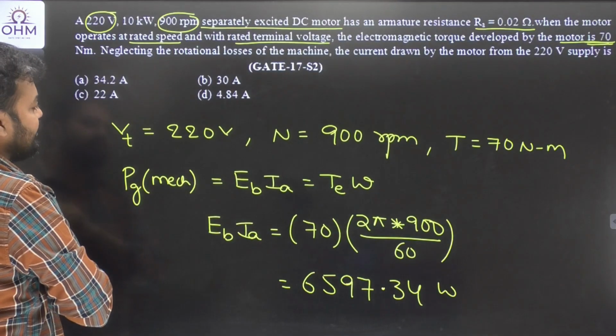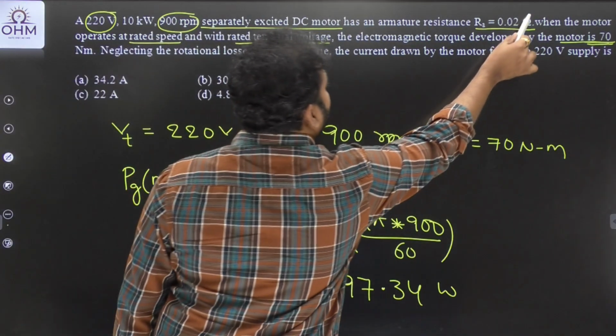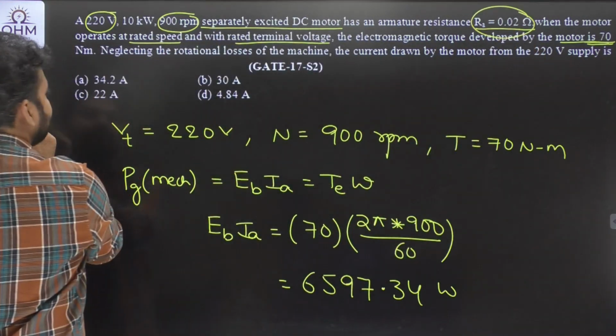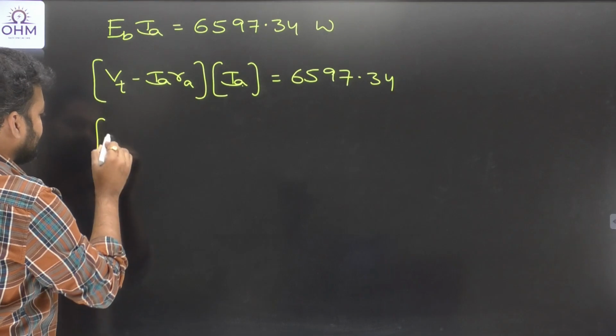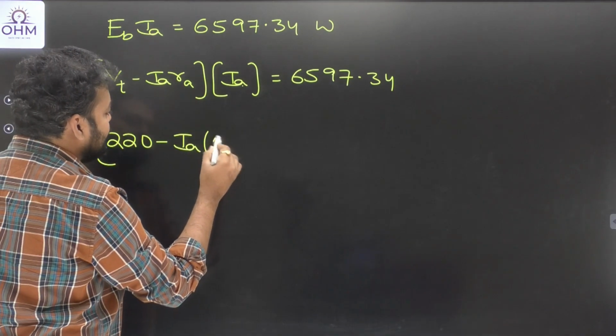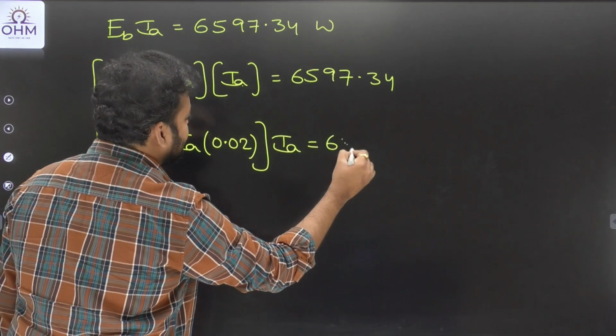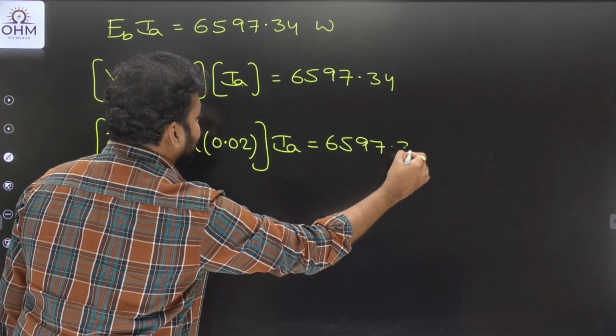Already VT was known. What is the terminal voltage of the motor? 220. And the armature resistance is 0.02. Substitute everything. So 220 minus IA into 0.02, multiplied by IA, is equal to 6597.34.